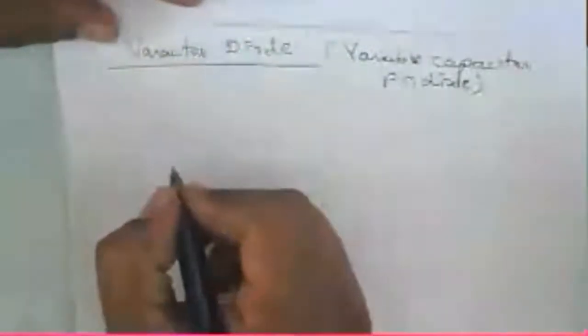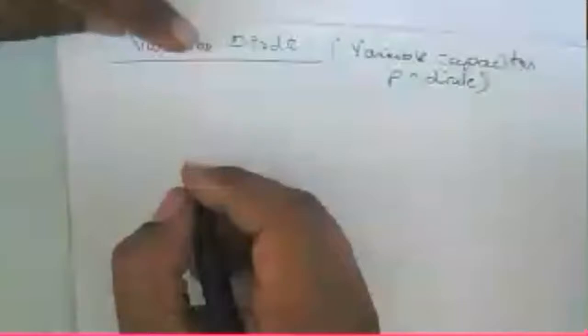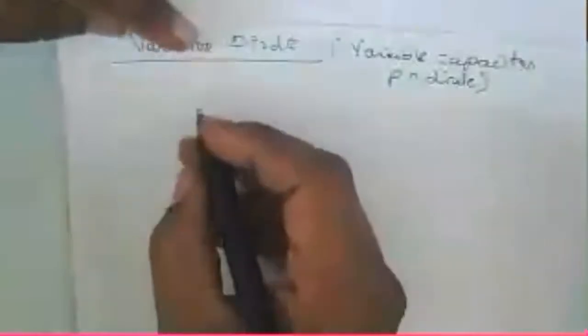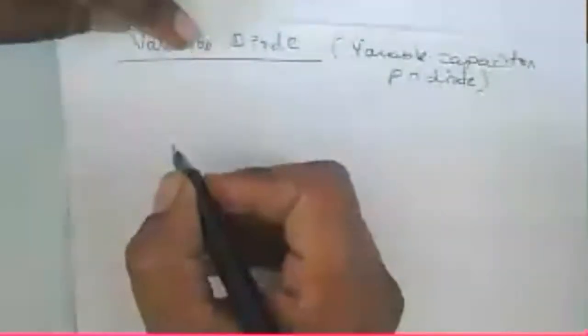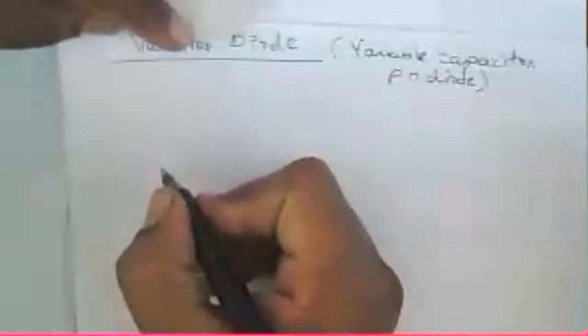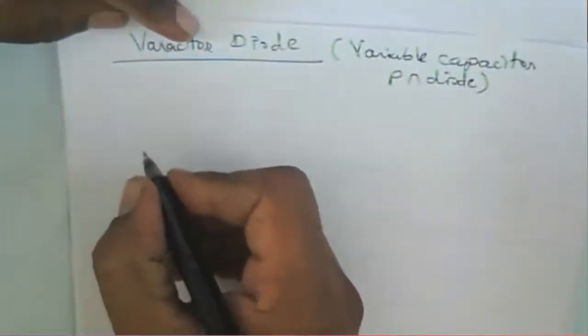Generally it is a diode, but its property changes when we apply voltage. So it is a variable capacitor PN diode, or you can say a variable capacitor PN junction.